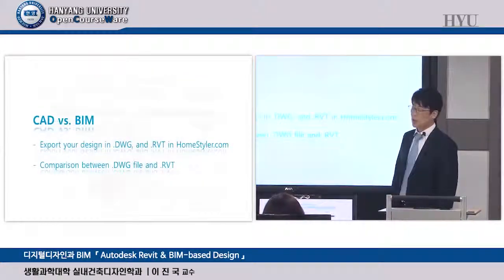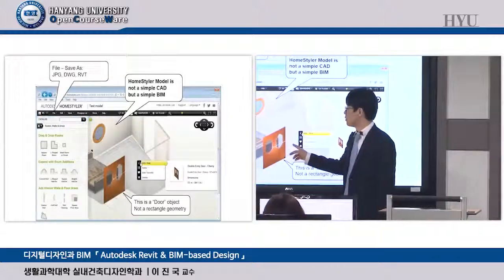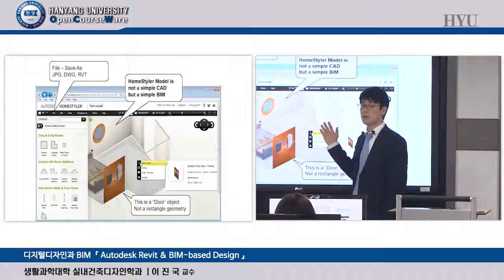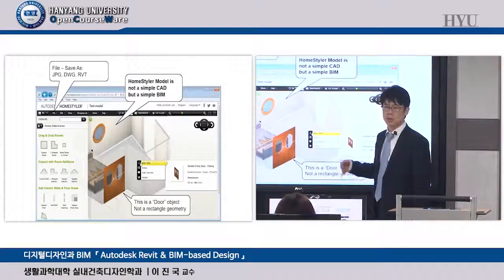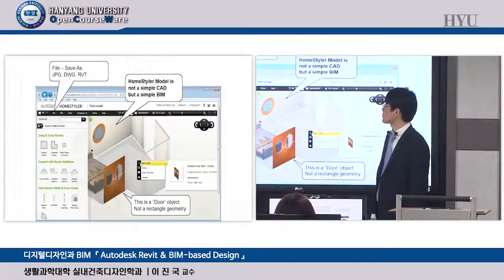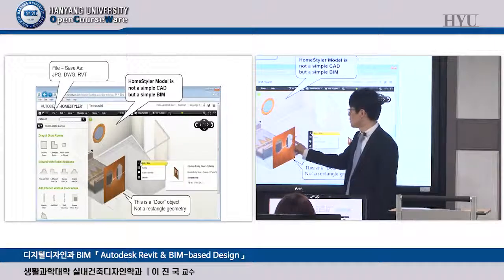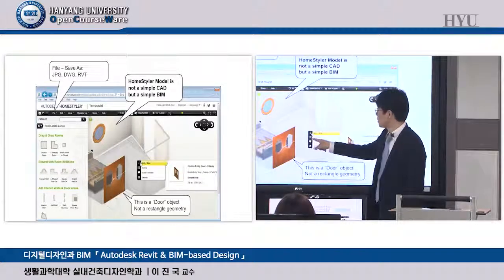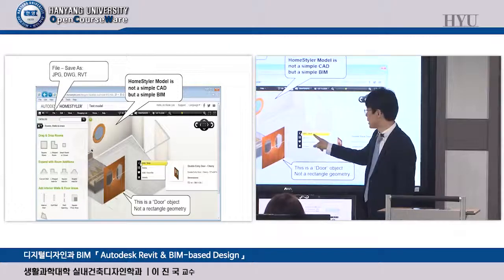Take a look. This is the Homestyler web version. This one doesn't require any plugin or ActiveX installation. This is just running on top of any browser. So take a look. This is the 3D view. If you click this door, this one pops up information, size.